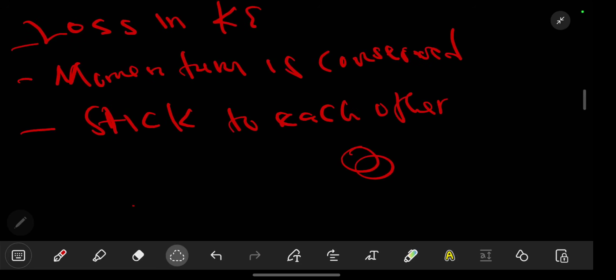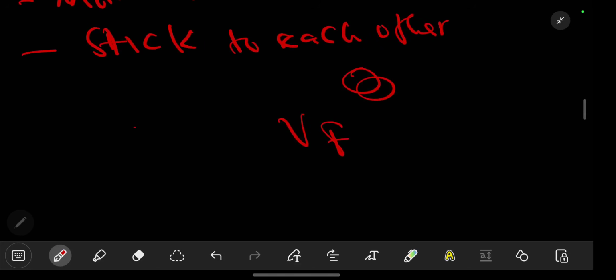At first, they were moving with their own velocities, but when they merge together, they move with the same velocity. If this doesn't happen, then that's just witchcraft, because how can one move without the other one moving? So they have one common final velocity.